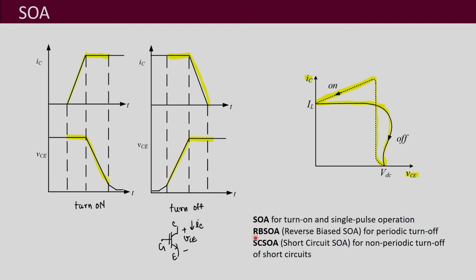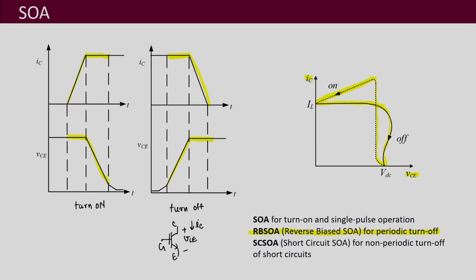Then there is another one which is called RBSOA, reverse biased SOA for periodic turn off. Reverse biased SOA is basically associated with the turn off process of the IGBT. While the IGBT is turning off, the time duration is very small, because the turn off time is usually small compared to while it is conducting.